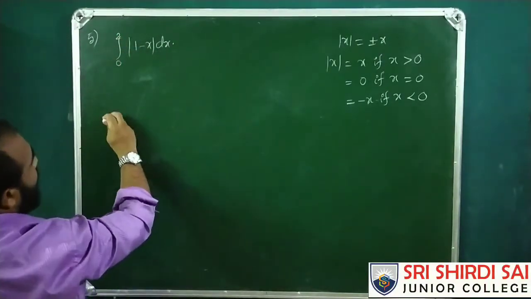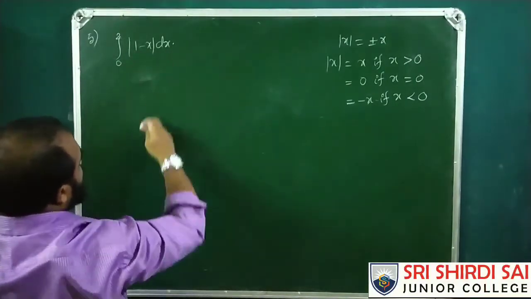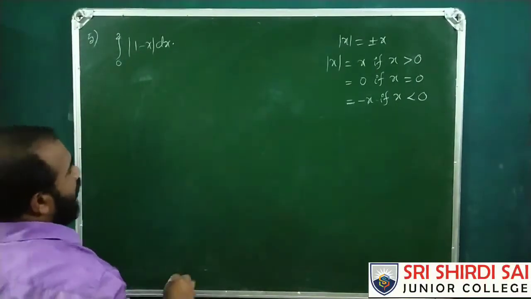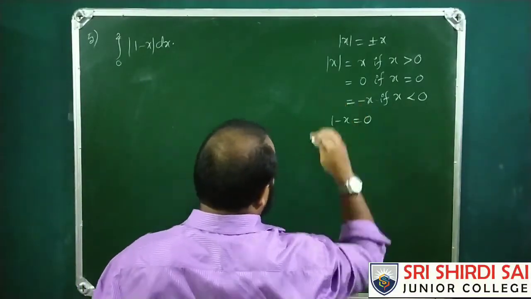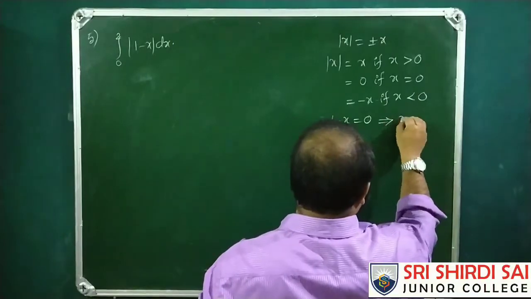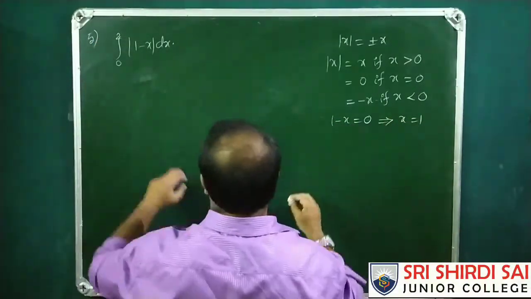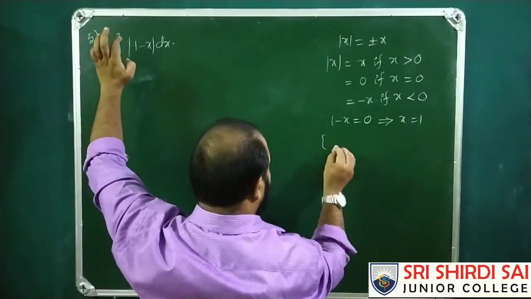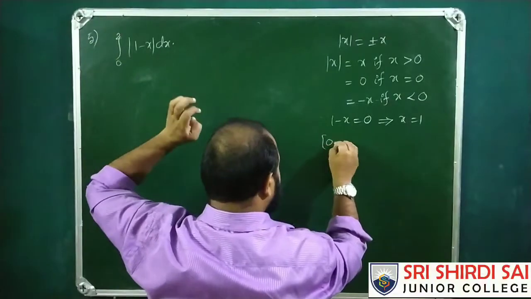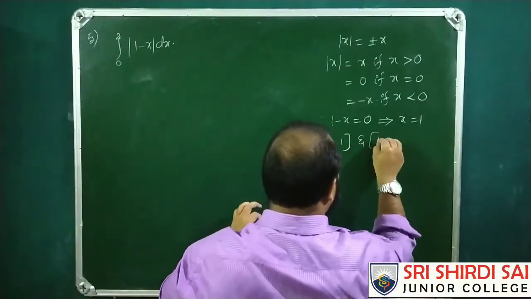How do we get it? Simply, 1 minus x equals 0 implies x equals 1. So between 0 to 2, 1 is there. Therefore this needs to be split into 0 to 1 and 1 to 2.